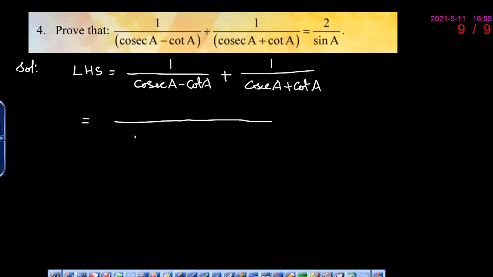The LCM is (cosec A minus cot A) into (cosec A plus cot A).